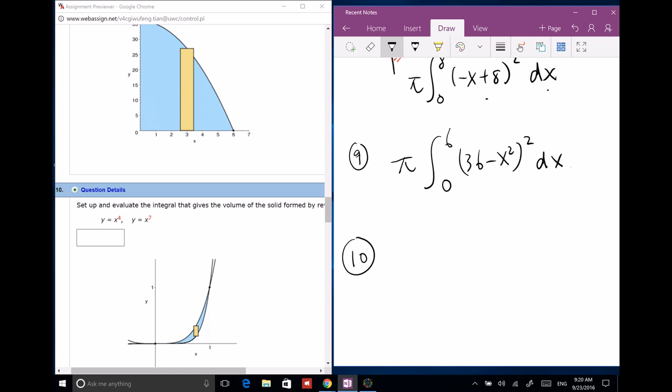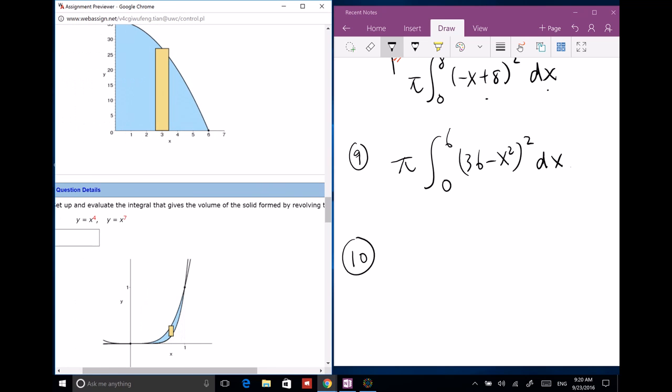Set up and evaluate the integral that gives the volume of the solid formed by revolving the region about the x-axis.